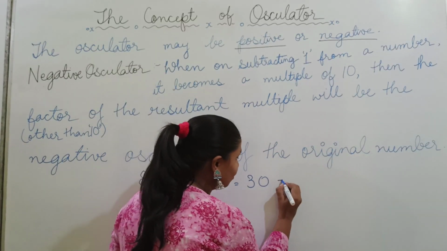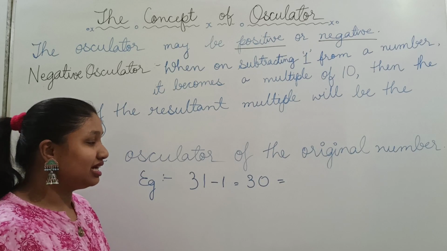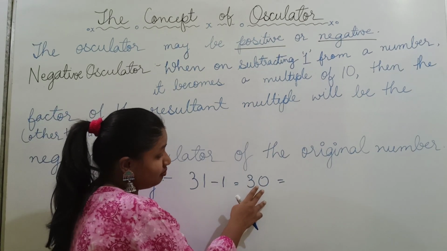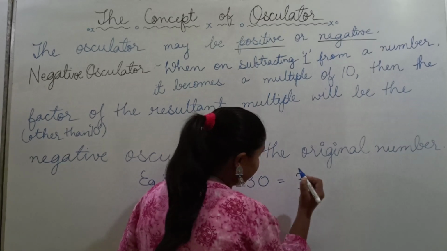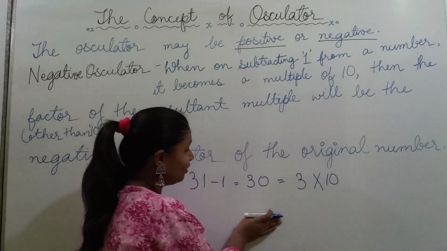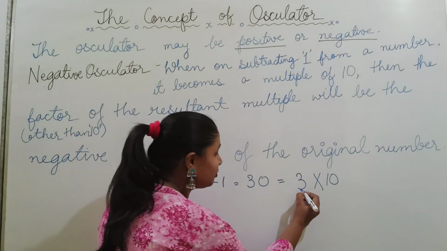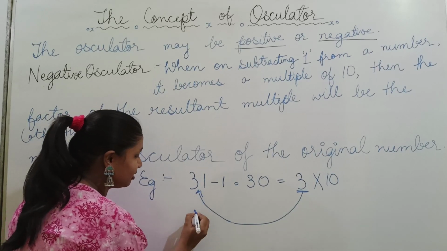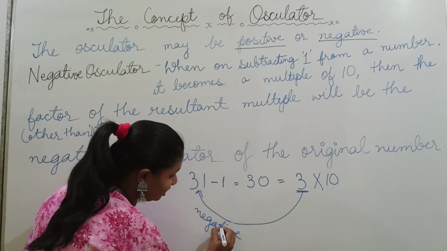Now we have to find a factor of 30 with which we multiply 10 and the result will again become 30 itself. If we take 3, then after multiplying 10 with 3, we get 30, right? So this number 3 will be said as the negative osculator of 31.